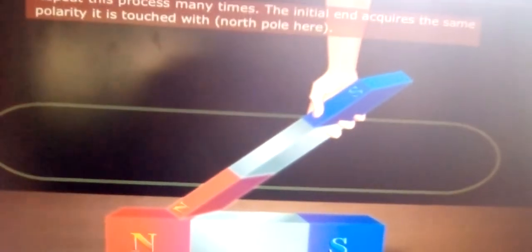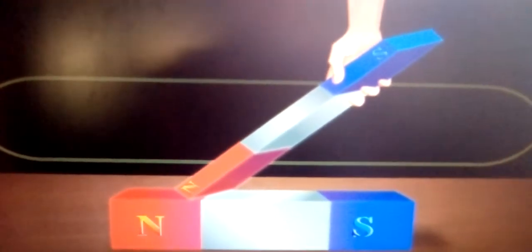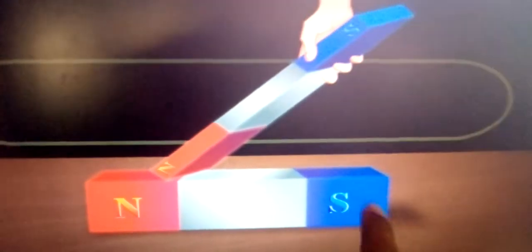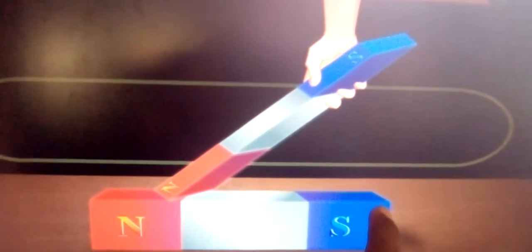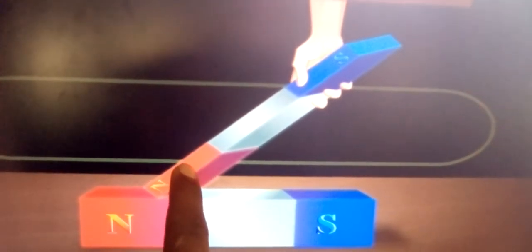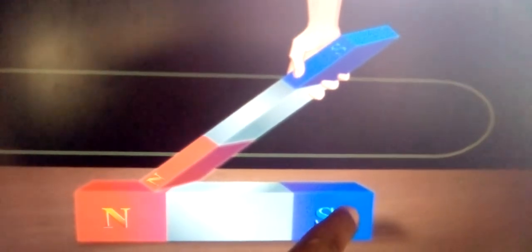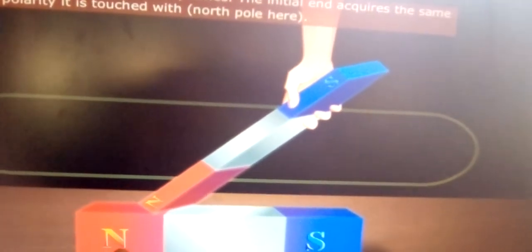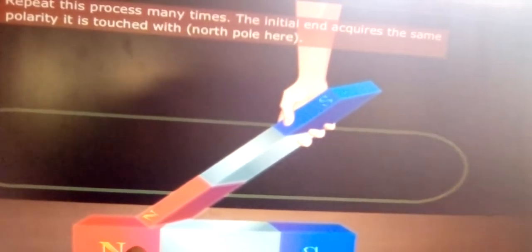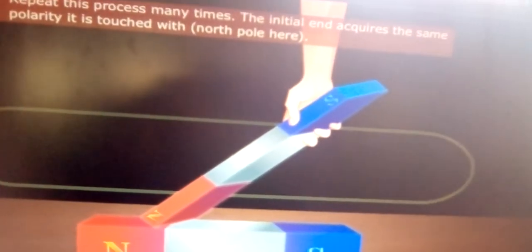So here your atomic magnets are being made to align in a particular direction, and therefore your iron bar is now magnetized. The end here, the rear end, will have opposite polarity to that of the stroking magnet, and the first end, where we start from, will have similar polarity to that of the stroking magnet.